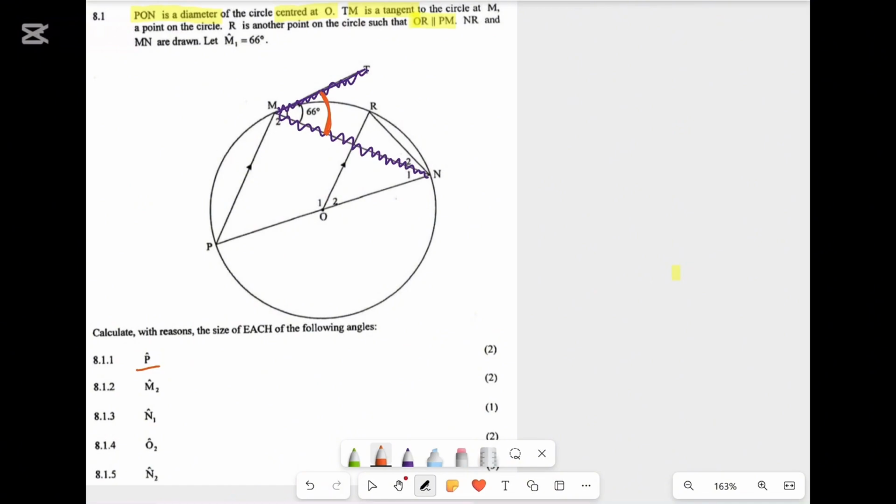So we can see that the chord MN subtended angle P. There is angle P. So now we can use the tan chord theorem. So that means angle P is equal to 66 degrees because it is subtended by that chord.